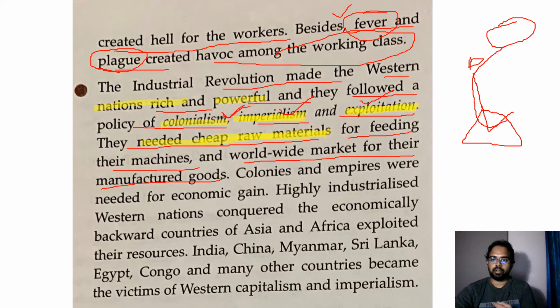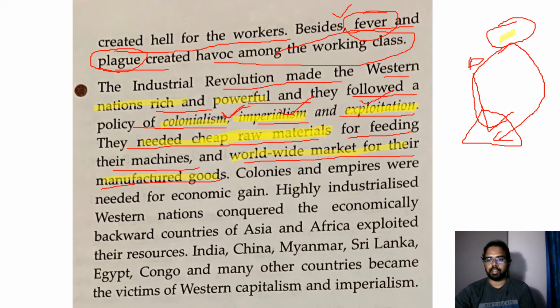Once these raw materials are supplied to England, they manufacture goods and they get back and sell their manufactured goods again in India. So why do they want all these things? They want cheap raw materials on one hand, and they want a worldwide market for their manufactured goods.